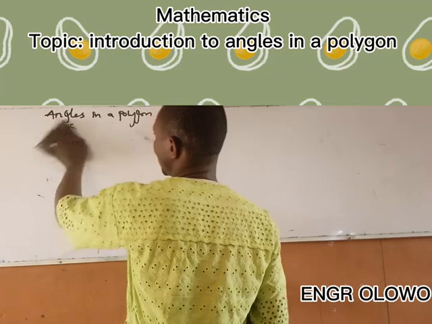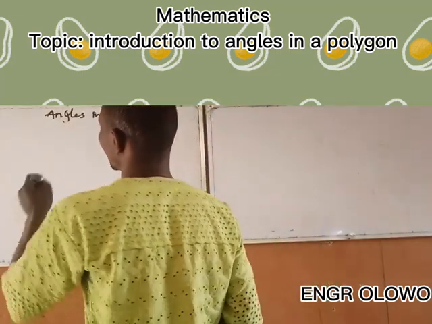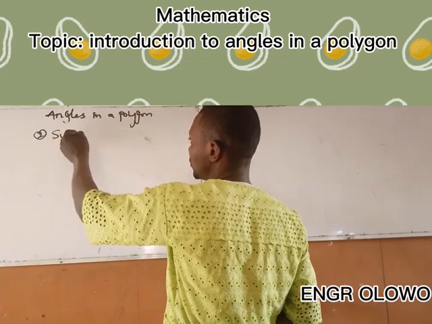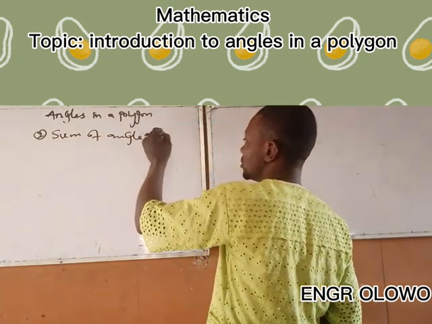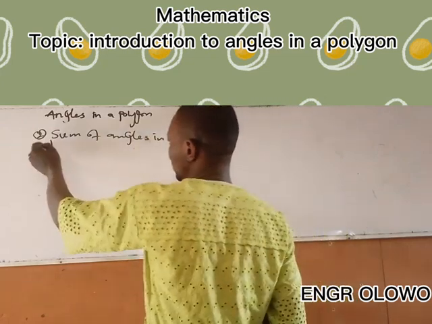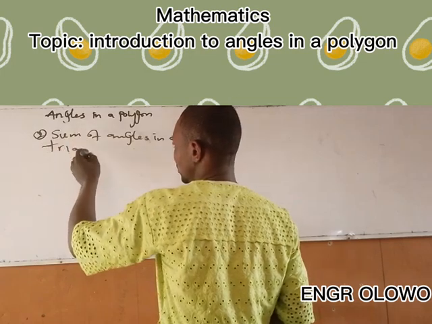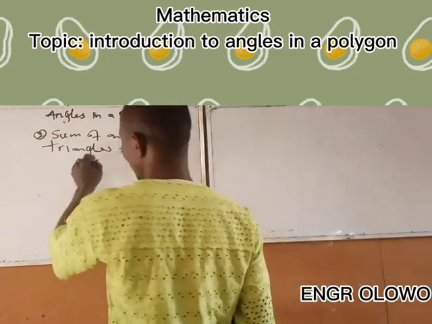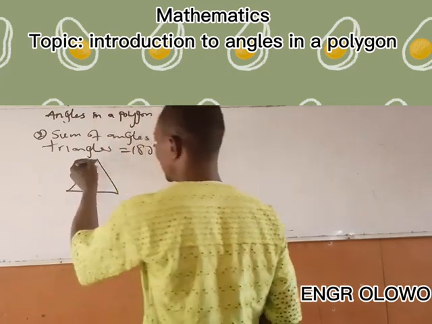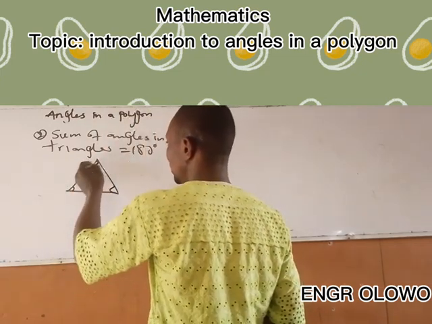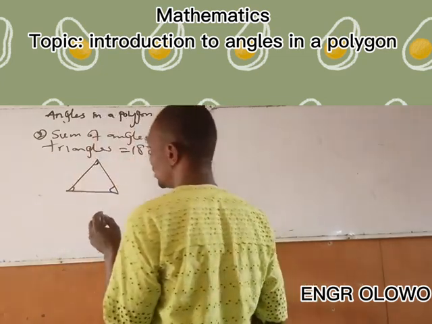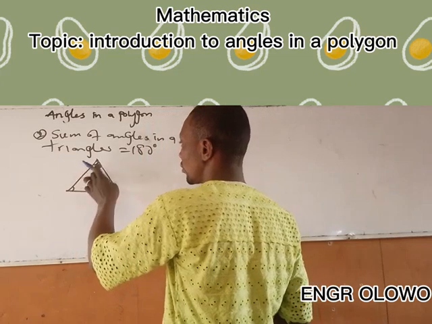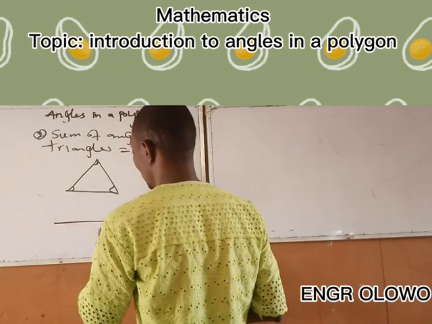So let's continue. We have the second rule. The second rule is talking about the sum of angles in a triangle. The sum of angles in a triangle is equal to 180 degrees. We have triangle XYZ.